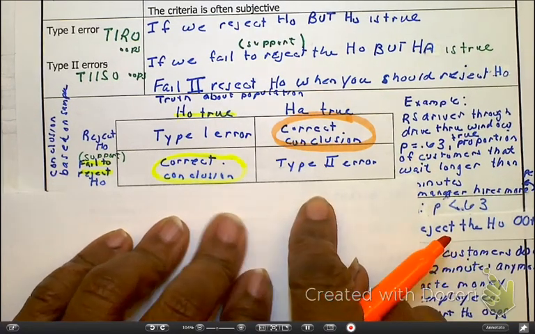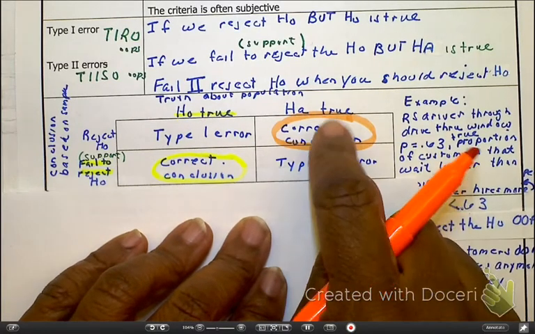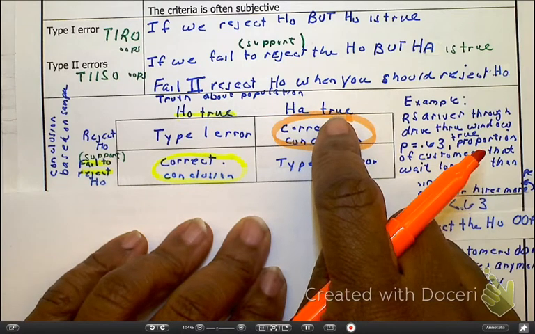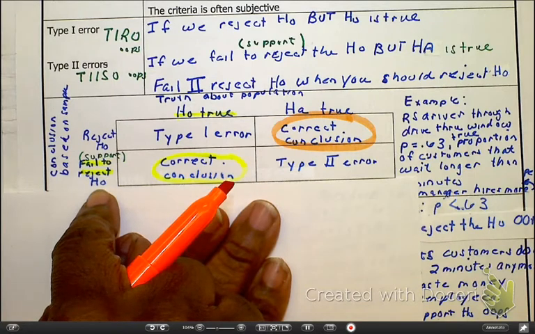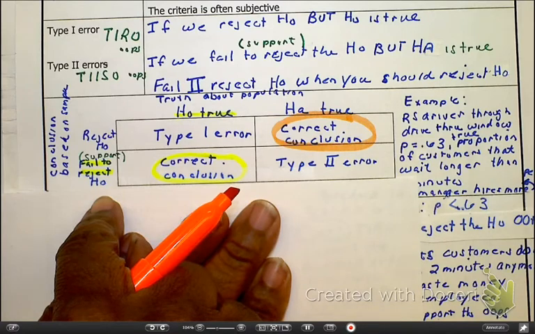But as we look here at our Type 2 error, the Type 2 error occurs when I think my alternative is correct, okay? But the bottom line is I sit here and I support my null hypothesis. So let's think about this.